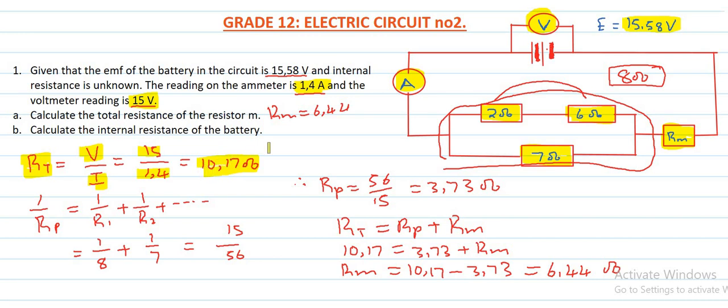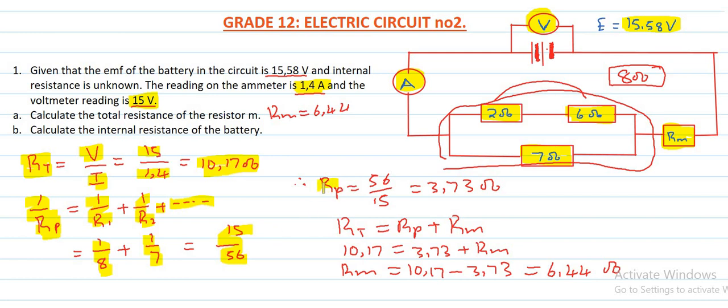Then for us to simplify, we needed to simplify the parallel part of the circuit so that it can be in series with Rm. For the parallel part, 1 over R parallel will be given by 1 over R1 plus 1 over R2 plus, depending on how many resistors you are given. We let the sum of 2 plus 6 be R1, so 1 over 8 plus 1 over 7, which gives 15 over 56.